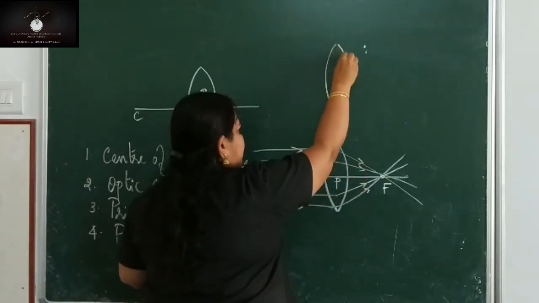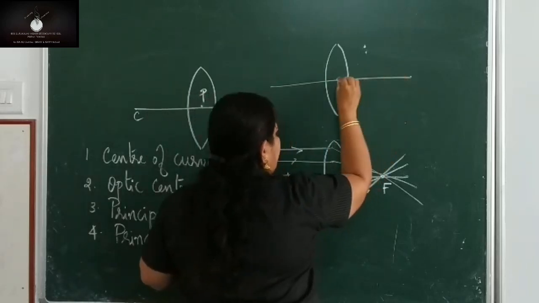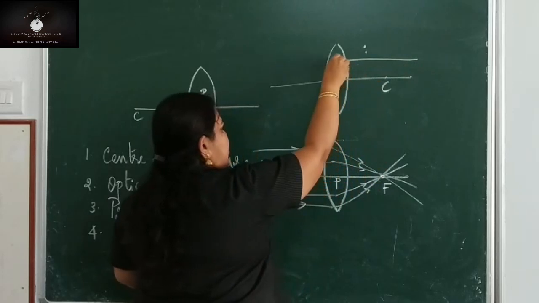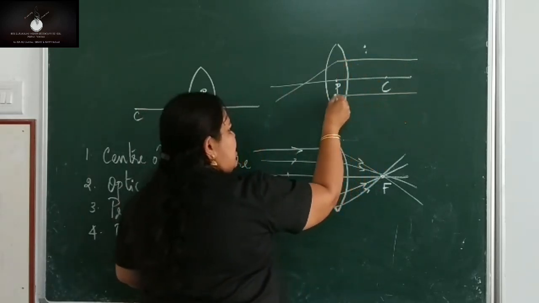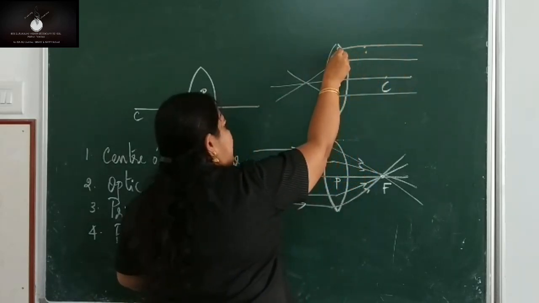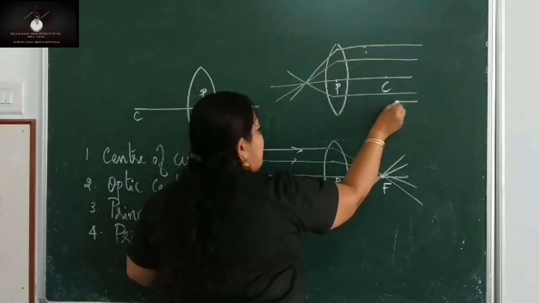Look at this picture. Center of curvature. The light ray that is passing through the lens, after refraction, meets at a particular point on the principal axis.